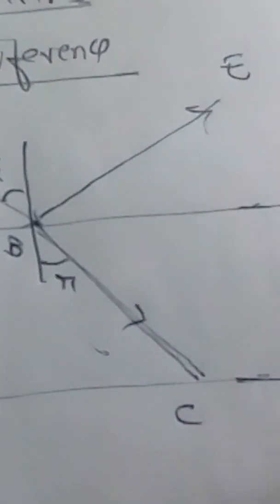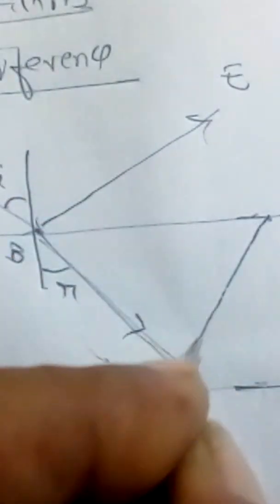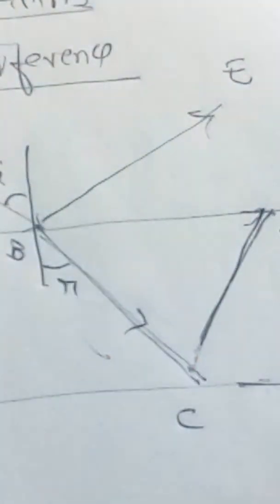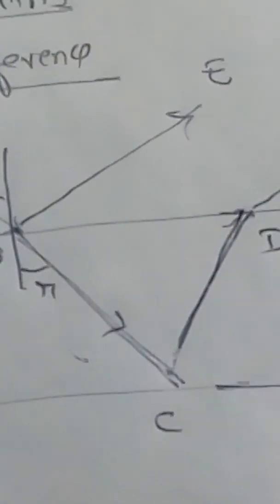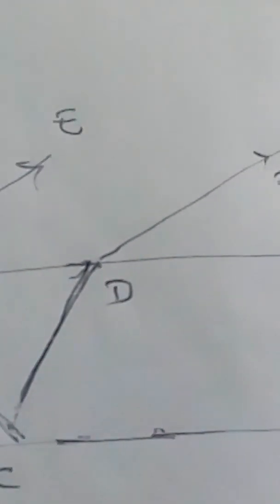The ray that got transmitted here again gets reflected, CD let us say, and then emerges out like this, as DF.